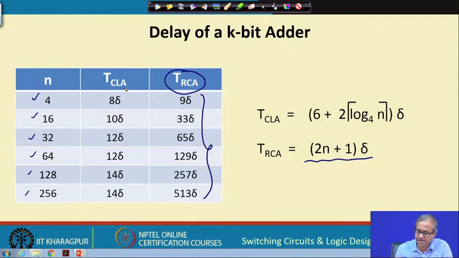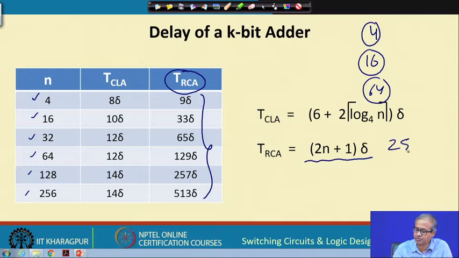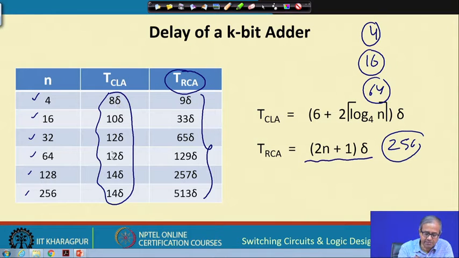But for carry lookup adder it is 4-4-4 in terms. So, it will grow like that. You build a 4-bit adder, 4 such you build 16, 4 such you build 64, 4 such you get 256 and so on. If you make a calculation you will see that the delays are much less.